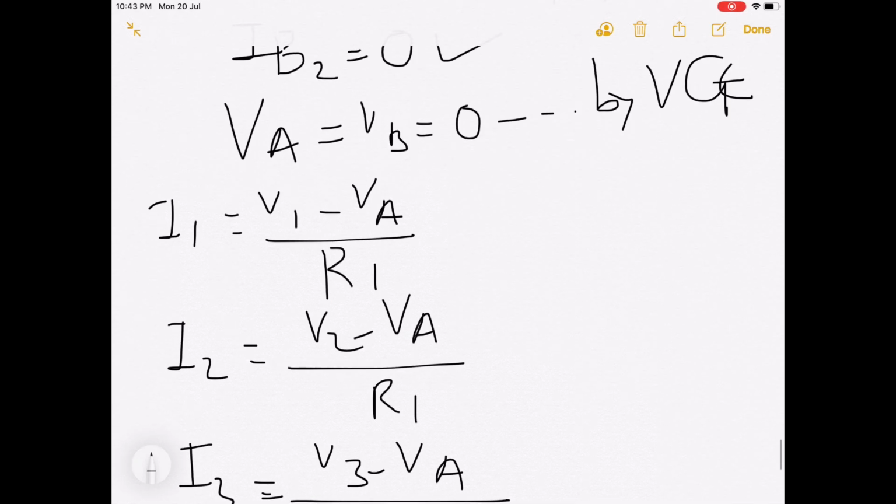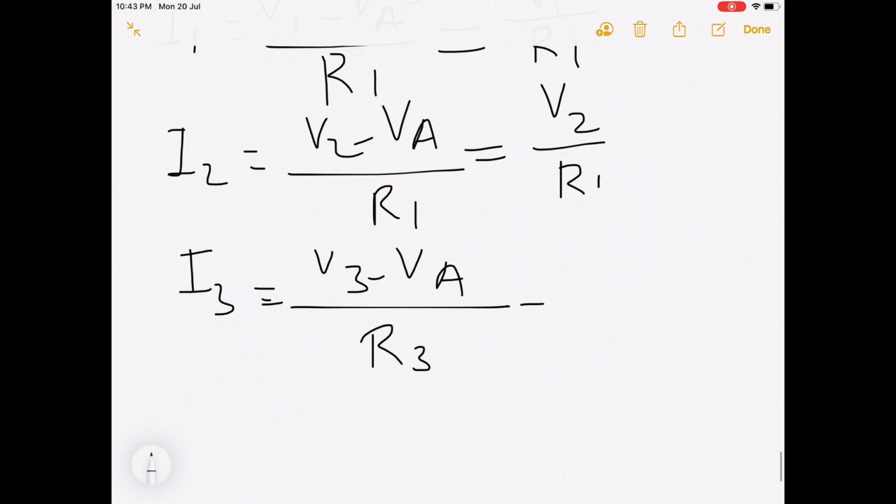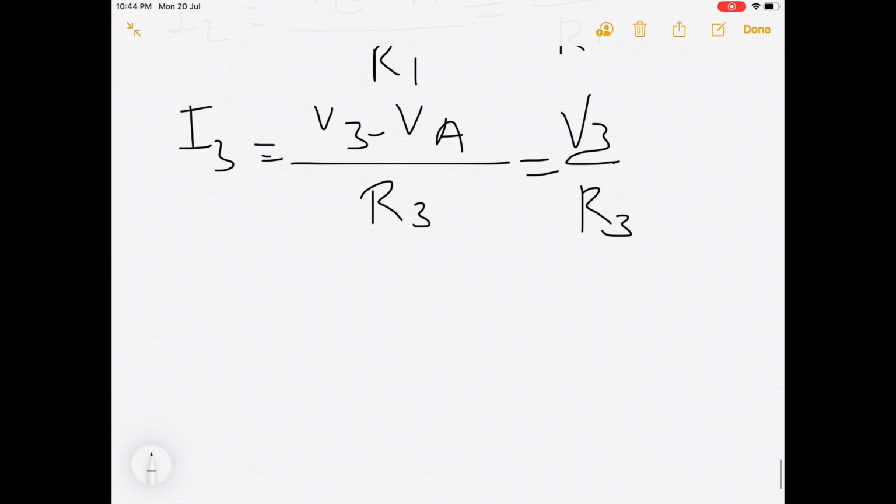Okay. As VA is approximately 0, put the value here. So, I1 is equal to V1 by R1, then V2 by R2, and VA is also 0, so V3 by R3. Okay. So, these are the three currents.